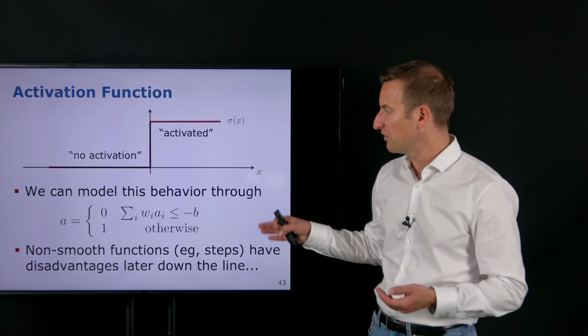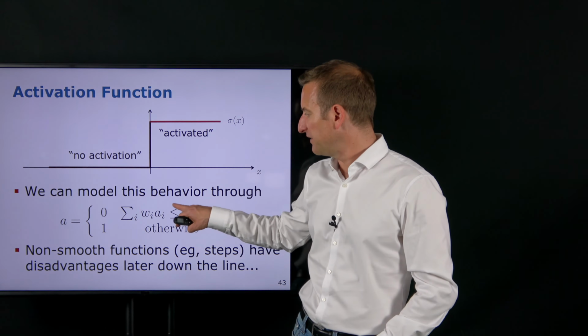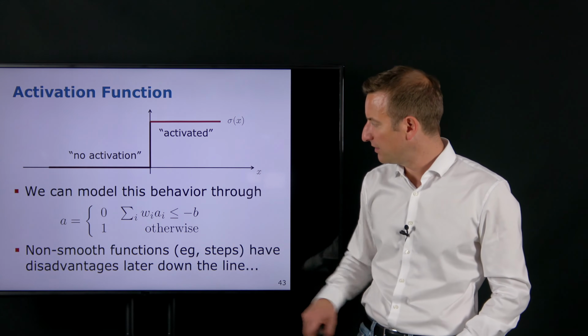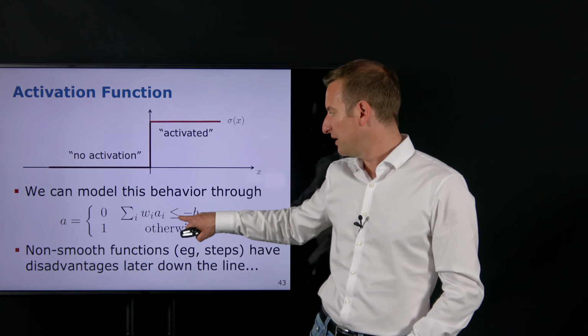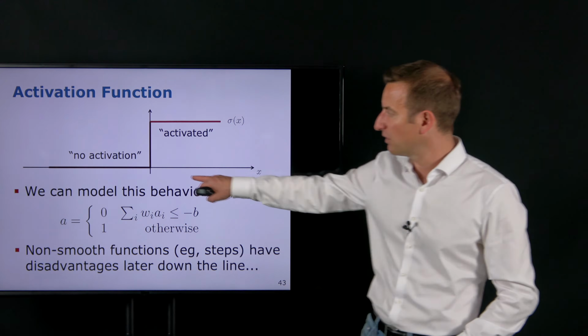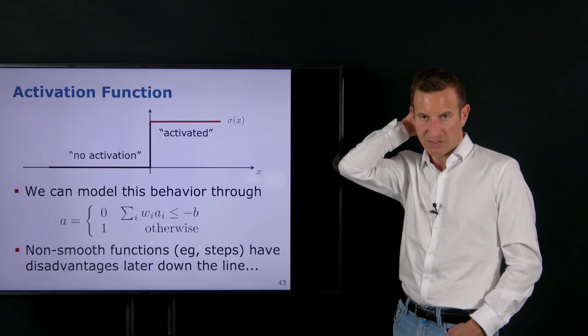So we can see this through this function: if the weighted sum is smaller or equal than the negative bias, I get a value of 0. So I have no activation, and otherwise I have the activation of 1.